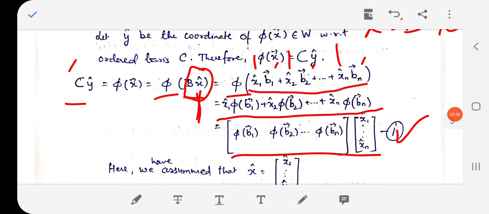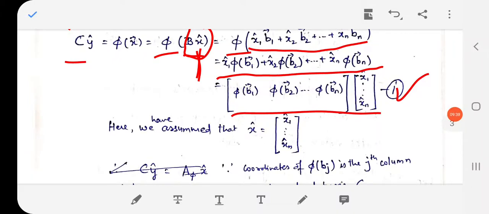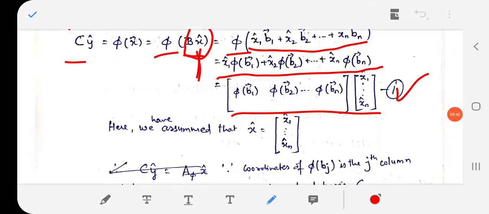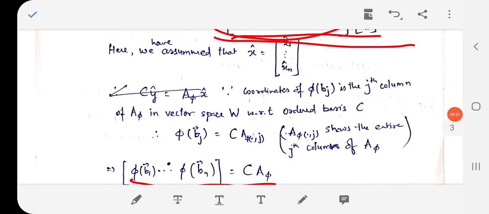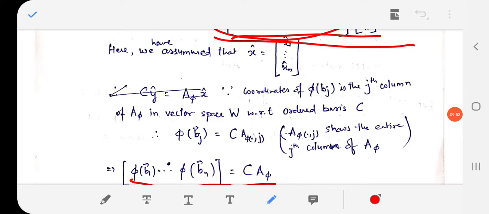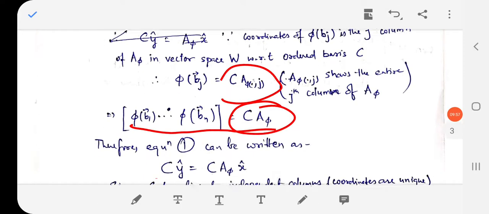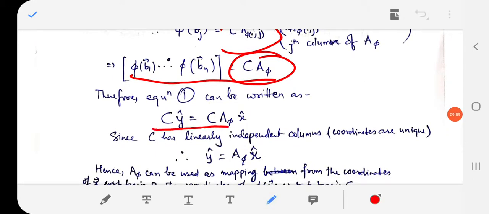And phi of bx hat can be written this way, and again this particular portion can be rewritten this way, or in fact this way. So ultimately you get this equation.